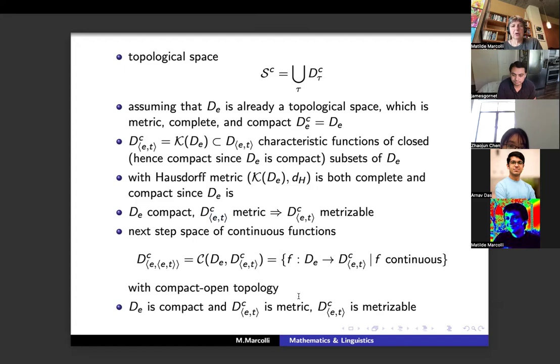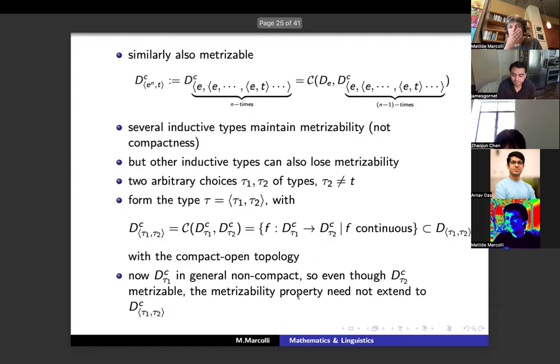And so for a while I can keep at least one of the two properties. So some inductions will be able to maintain at least one of the properties, the metrizability, but not the compactness.